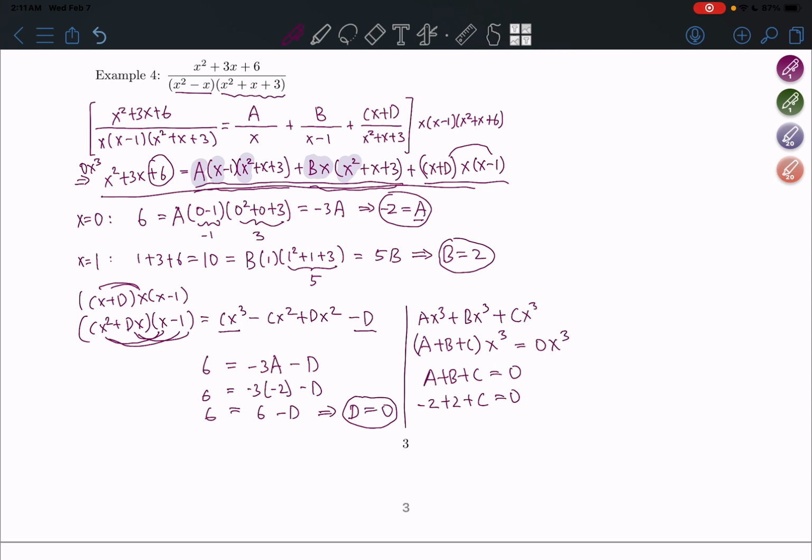Oh, in this case, c is equal to 0. C equal to 0 is not right. Where did we make a mistake?